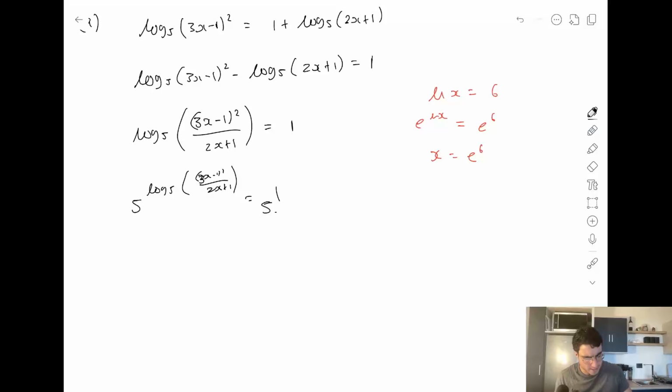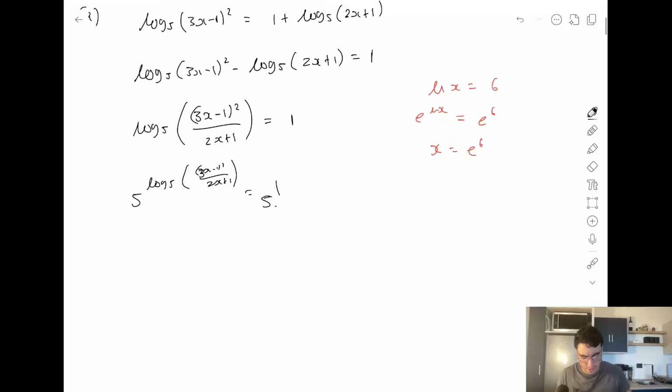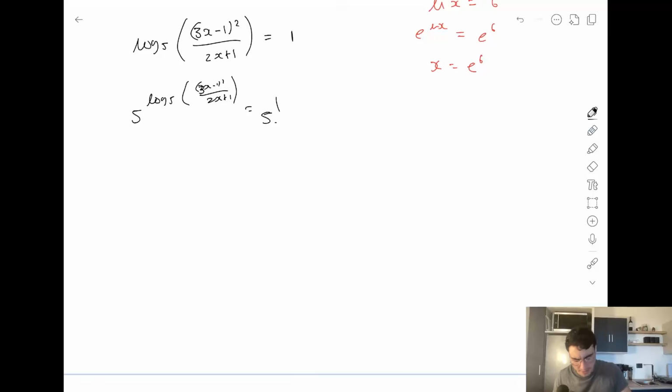Because just like e cancels it here, because we have ln x, its inverse, we have 5 to the x, and its inverse here, log 5. So that's going to cancel. So therefore, what can I say, guys? Well, I can say that (3x minus 1) squared over (2x plus 1) is going to give me 5.